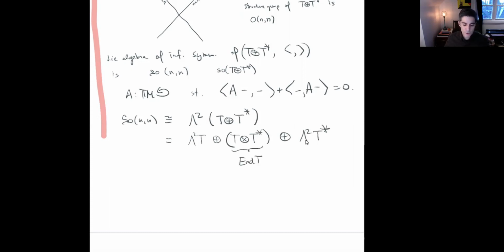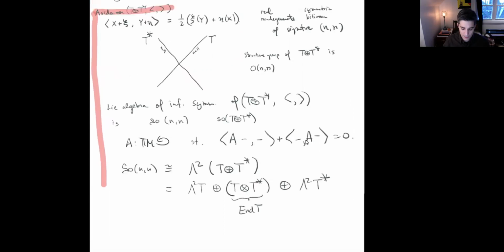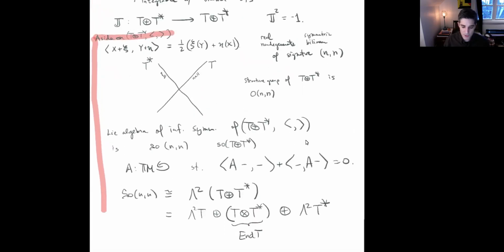And so the structure of the Lie algebra is decomposing because of the fact that the vector bundle we're interested in decomposes. The Lie algebra of symmetries decomposes. And what we see, this is the first important thing to observe, is that the usual Lie algebra of general linear symmetries of the tangent bundle is contained inside here. So the usual infinitesimal symmetries of the tangent bundle of a manifold are present inside the infinitesimal symmetries of this metric.